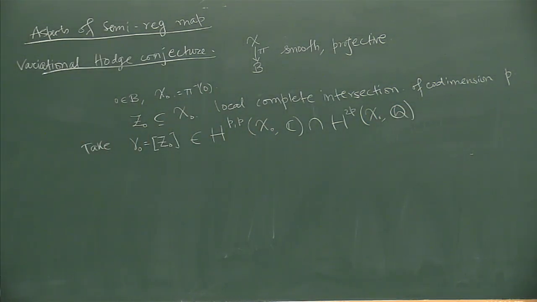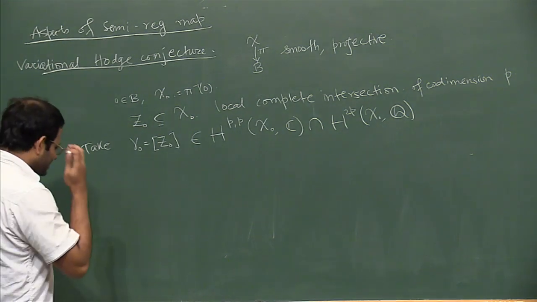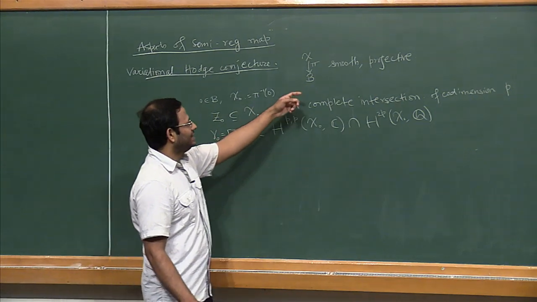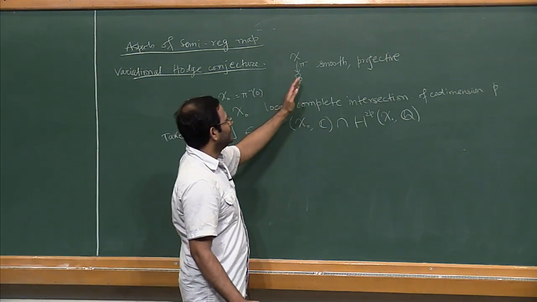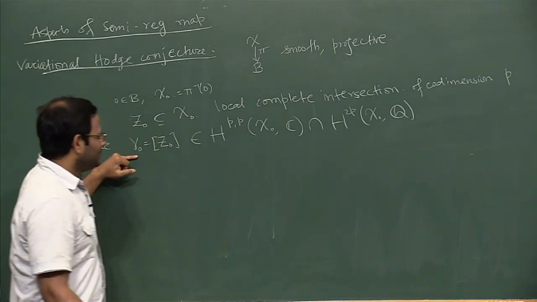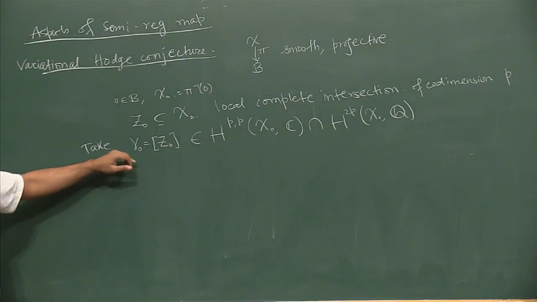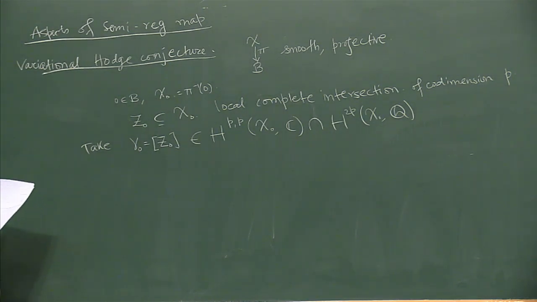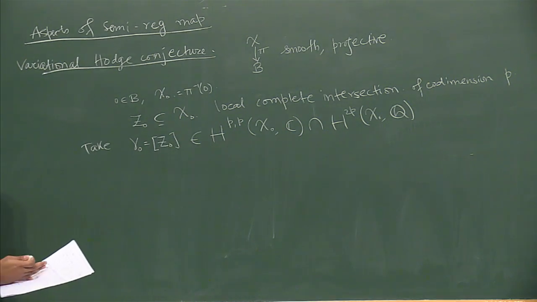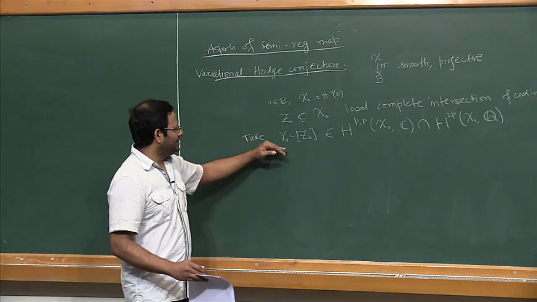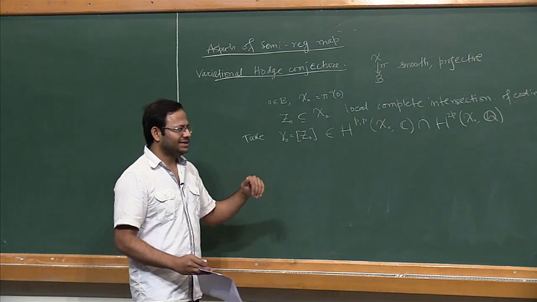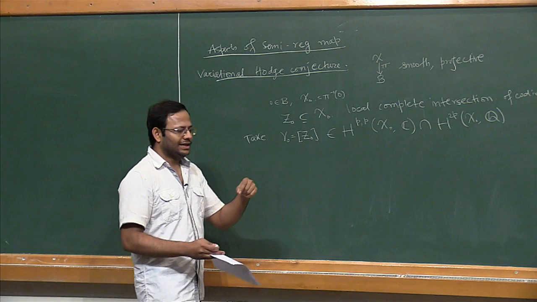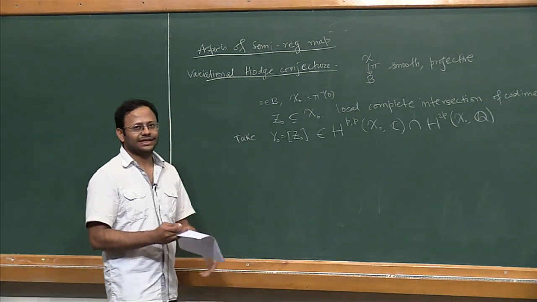Okay. And now the point is, as I deform this smooth projective variety along this family, moving along B, this cohomology class naturally moves as well due to Ehresmann's theorem. And what the conjecture says is that if this cohomology class moves in such a way that it remains a Hodge class, then that Hodge class will again come from an algebraic cycle.